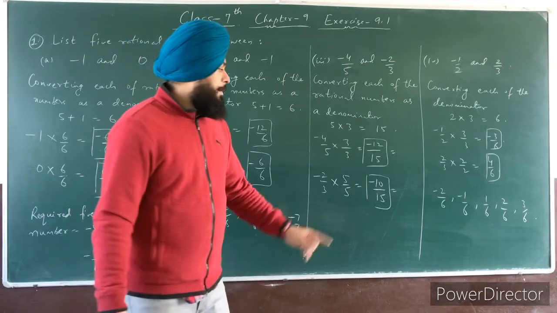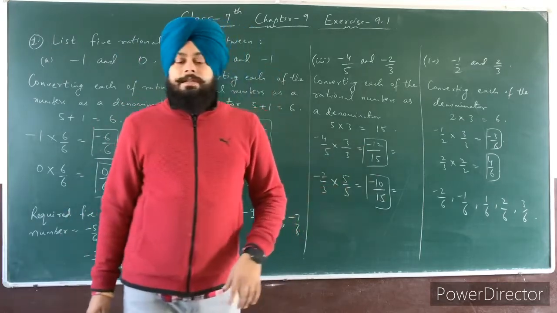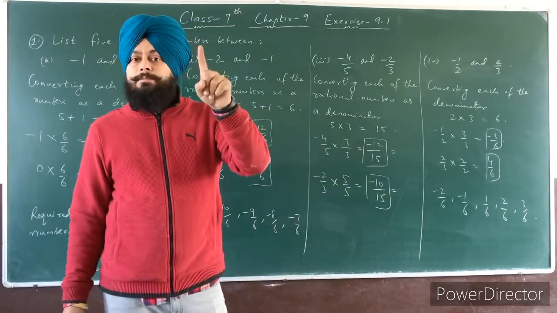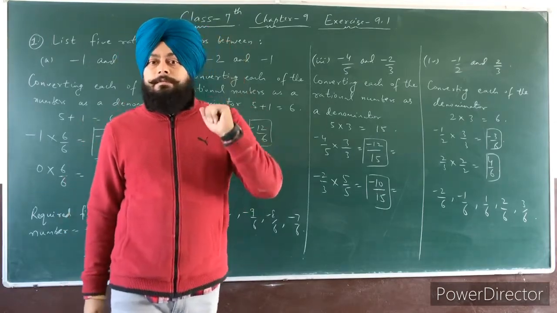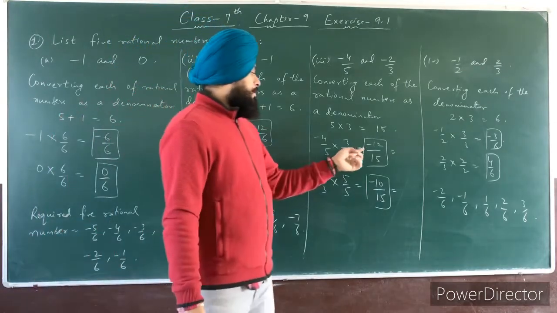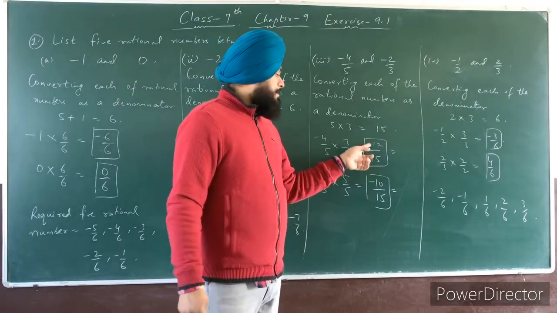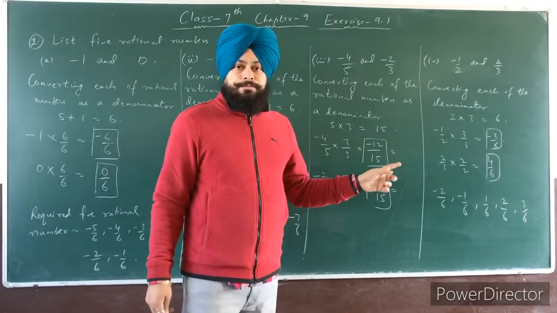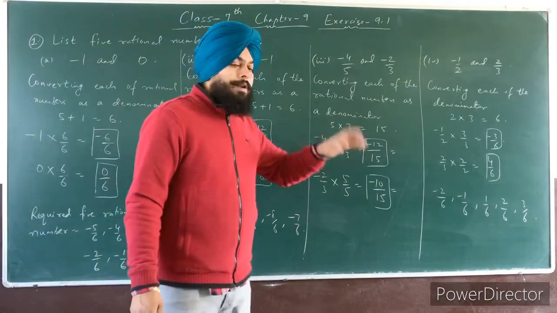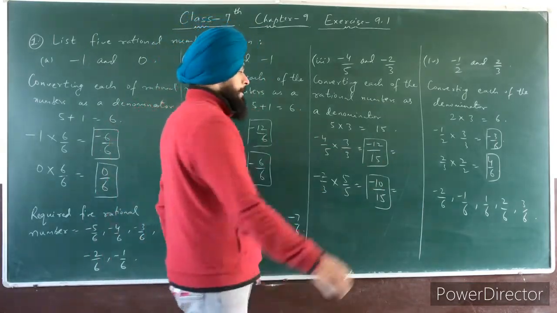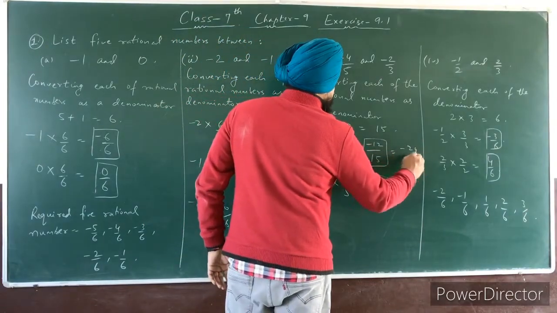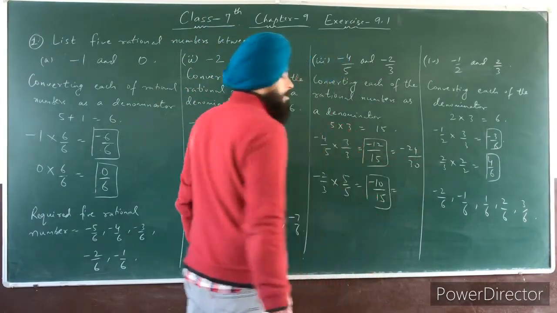But between -12 and -10 there exists only one number, that is -11. But we have to find how many rational numbers? 5. So the next step is you have to write the multiple of this -12 by 15. Now you have to write the equivalent fraction of -12 by 15. So -12 becomes -24 and 15 becomes 30.